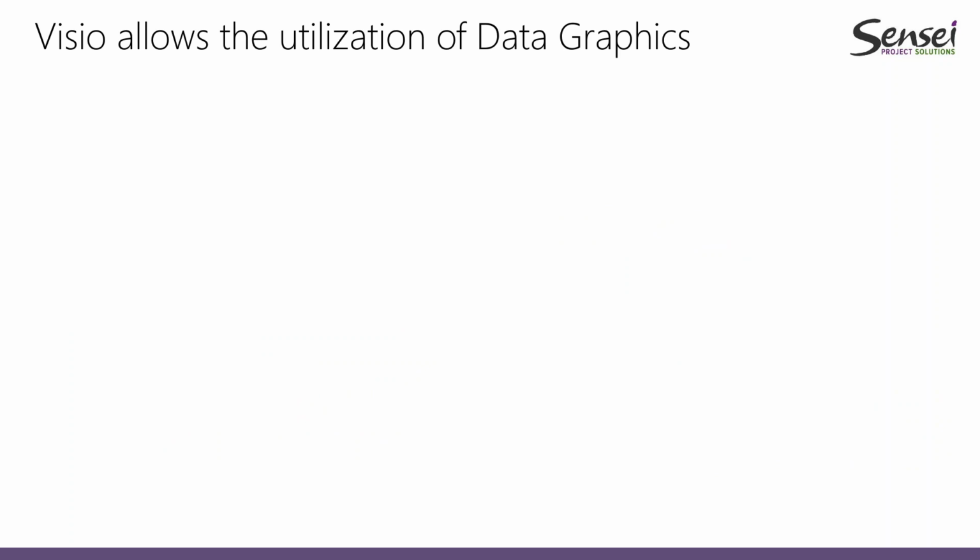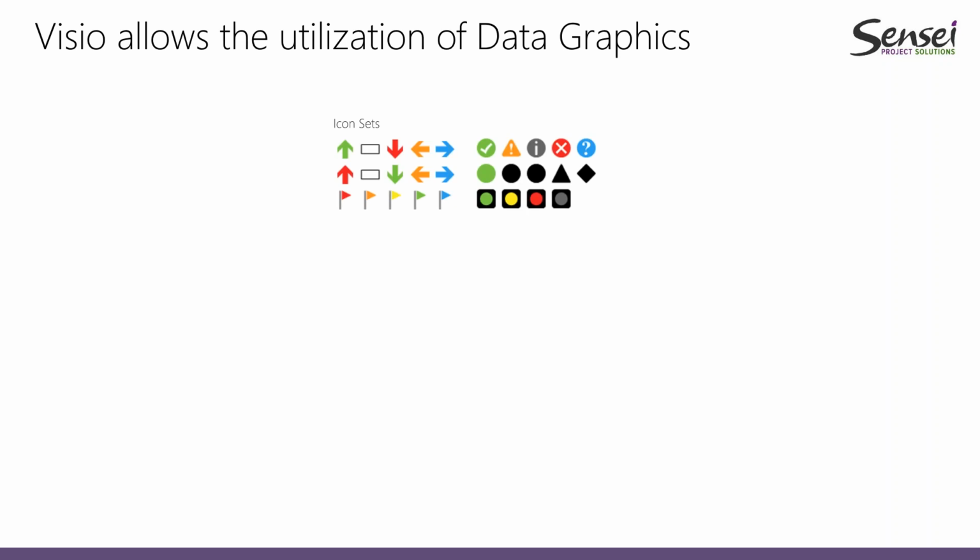And the reason we will be using Visio to do this is because the platform has lots of data elements which are called data graphics that we can use in combination to basically display the information we would like to. So it has icon sets that we can use to determine if a project is running well or if a project is not doing so well.